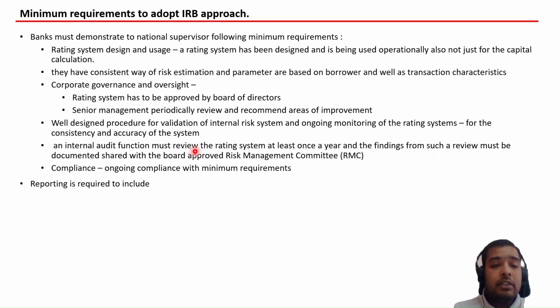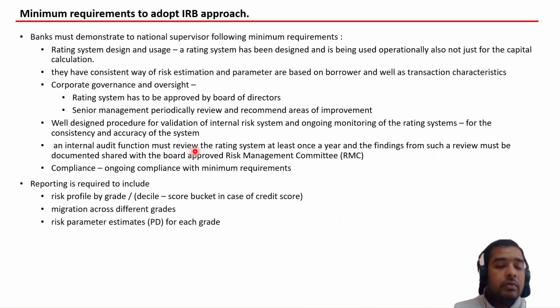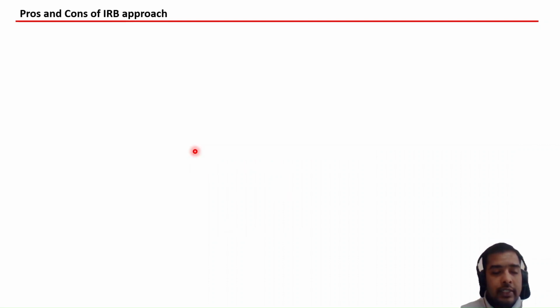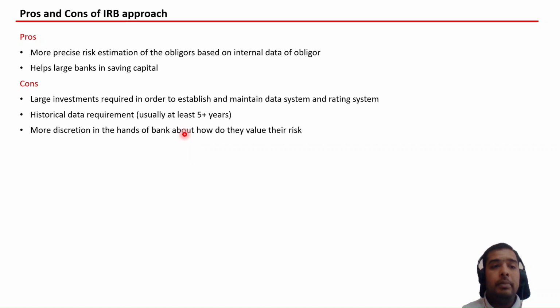The banks need to demonstrate compliance with the minimum requirements suggested by the Basel guidelines to use this IRB approach. Reporting is also required on the risk profile by grade, migration across different grades, the risk parameter estimate for each grade, and the actual default rate and predicted default rate. Let us discuss the pros and cons of the IRB approach.